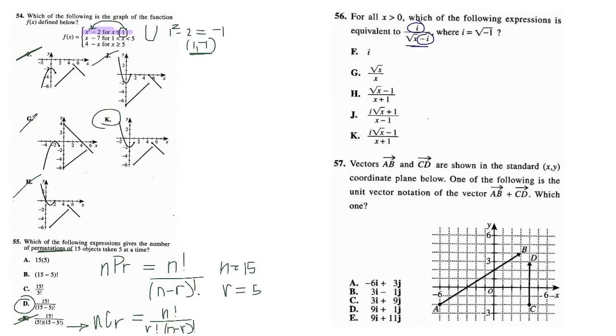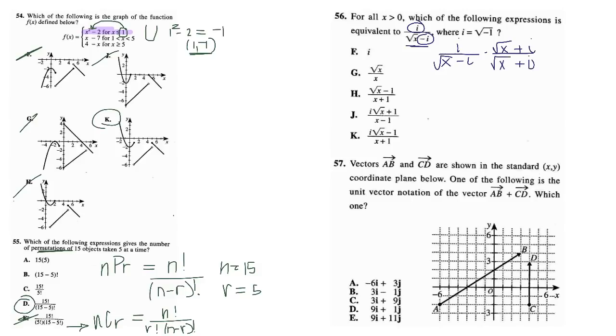What we have to do here is some rationalizing. We have i in the numerator over the square root of x minus i. We can't have i's in the denominator, so we multiply top and bottom by the square root of x plus i.